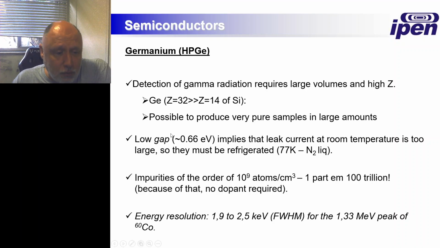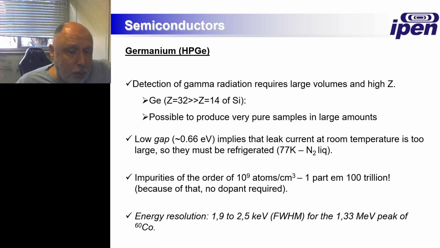Now that's an interesting thing. I don't know if that's still true, but for many years, because of these applications and other very sensitive electronics applications, they developed ways to purify germanium that were better than what they could do for any other material. So for a detector, we're usually talking about 10 to the 9th atoms per cubic centimeter.